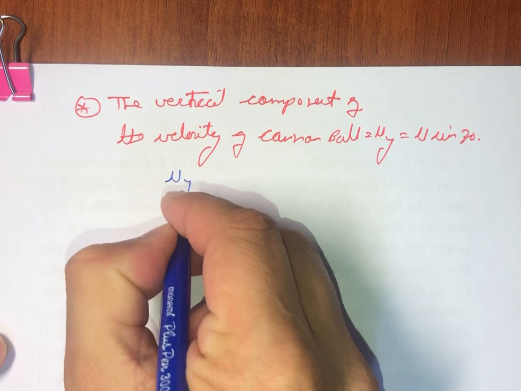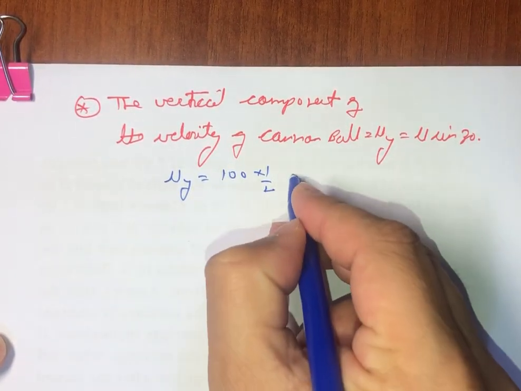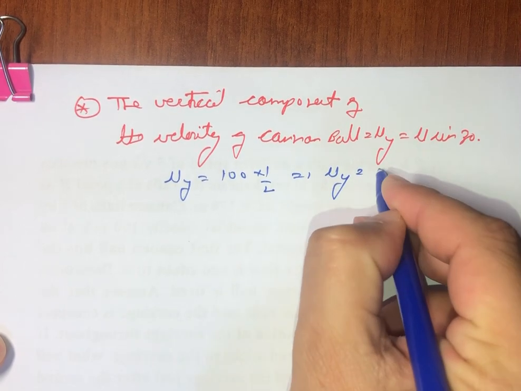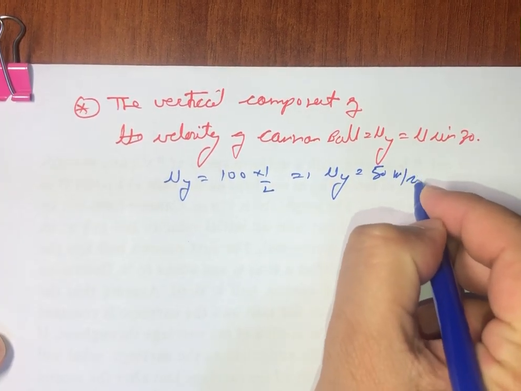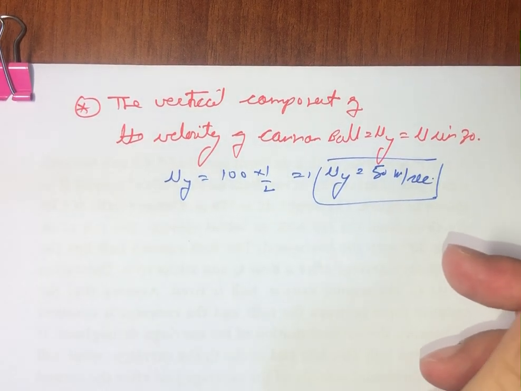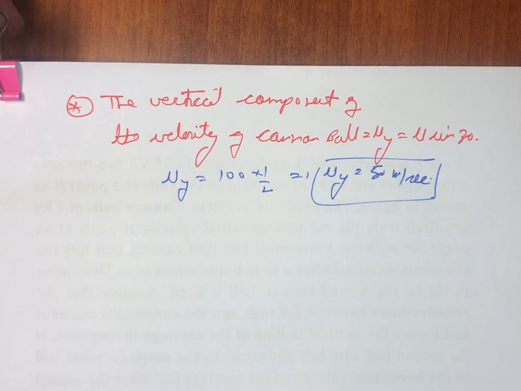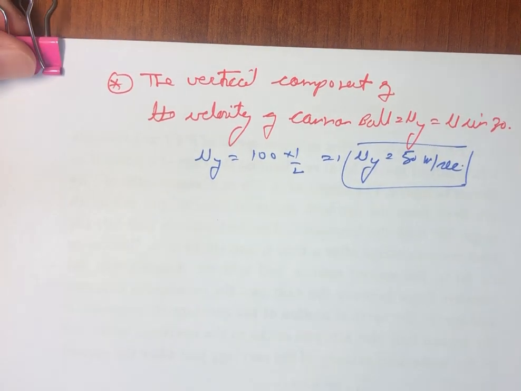So uy is equal to 100 times 1 by 2. uy is equal to 50 meter per second. And it says that in the first case, the cannonball is going to strike the carriage after time t naught.